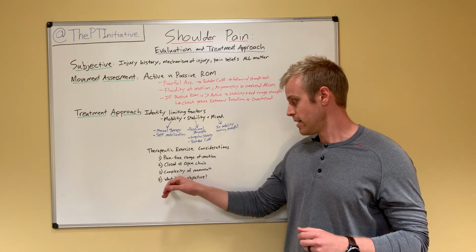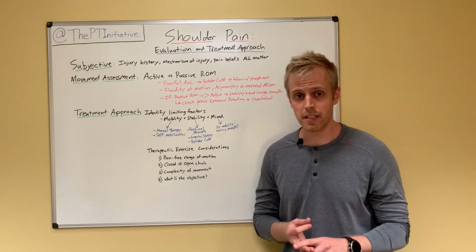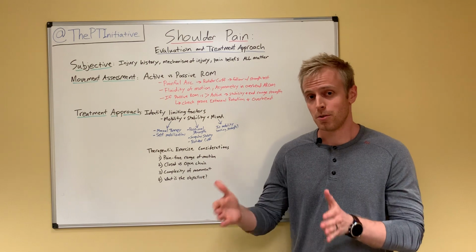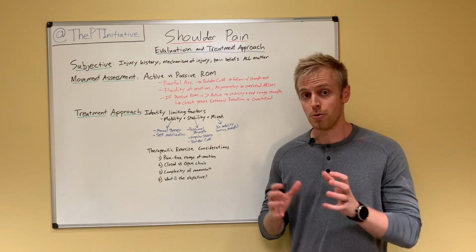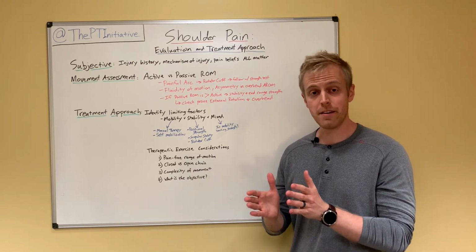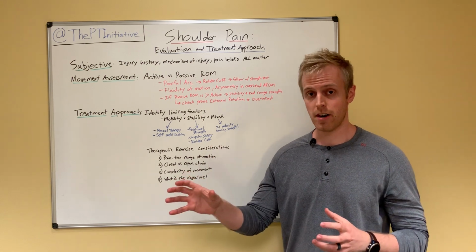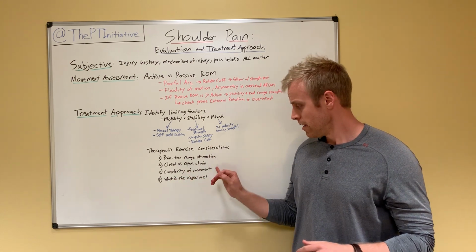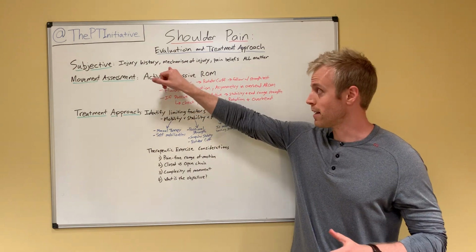And then something you need to ask for every exercise, and this goes for rehab professionals, fitness professionals, anyone: before telling someone to do a certain exercise, you need to know what your objective is. There's no good or bad exercises. There's just exercises given to a certain person based on how they present and what the objective of it is. So it comes all the way full circle back to this objective.